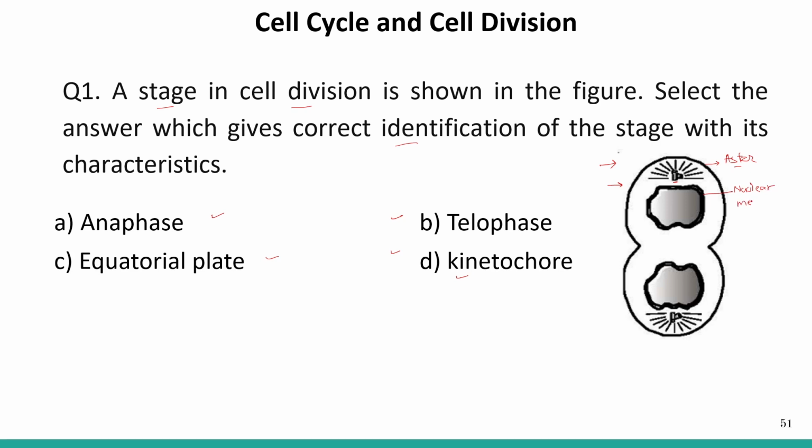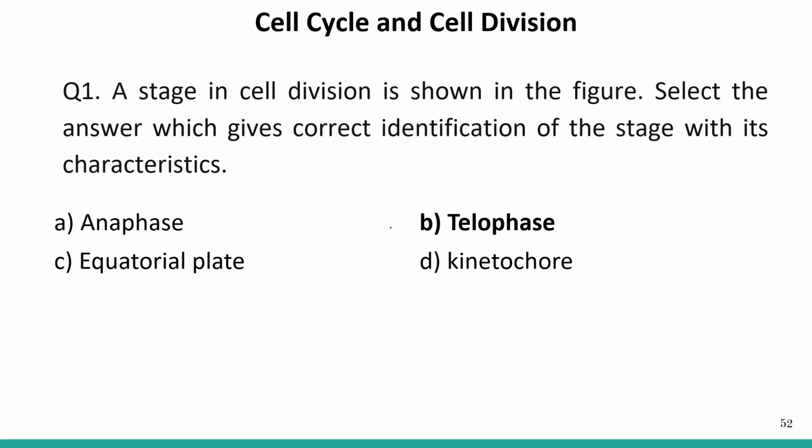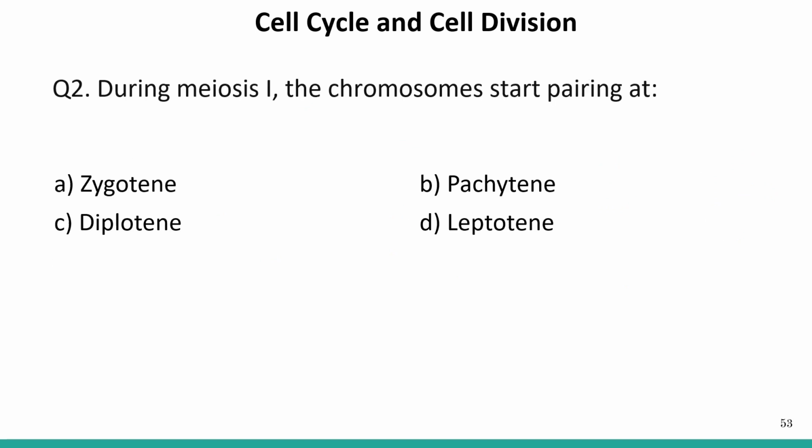This is the chromosome material, and you can see the two cells are dividing. The chromosomes, or the genetic material, have reached the opposite poles. So the answer should be telophase. This was telophase.